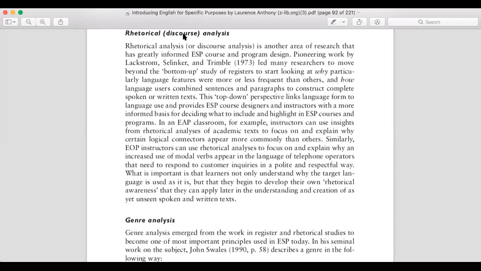Okay, so register analysis, now in the times of software, can be done as corpus analysis, right? And this corpus analysis can be conducted through software.